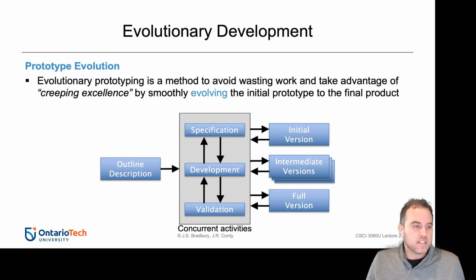And the idea here is, let's harness our prototyping in a way that allows us to take that work, and rather than discard it, let's actually evolve it into the real system. And let's take advantage of the notion of creeping excellence, where we want to continuously improve to get to a new version of the software, or a full version. So now, if you think about here, if you have this initial version right here, let me see if I can.